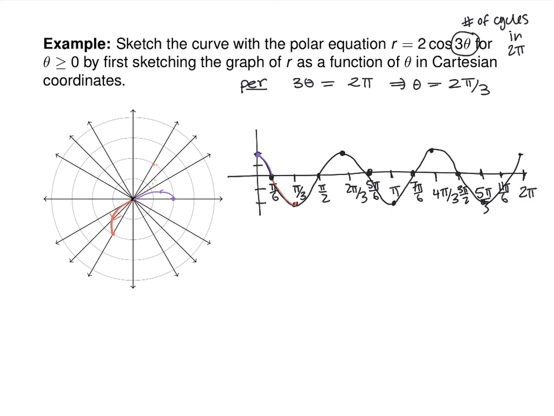And those little dots were just work. And then from pi thirds to pi halves, these points get reflected to here.